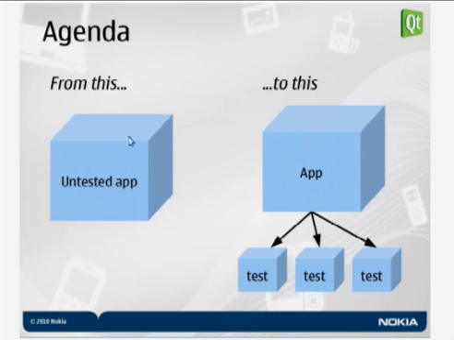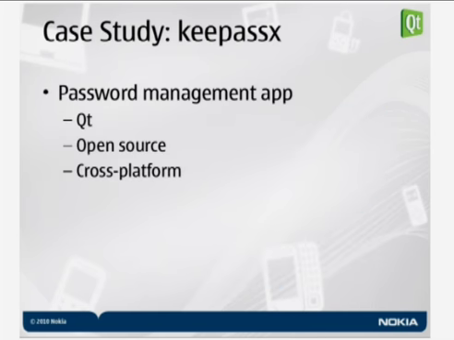Right, so that's where we are now, and I want to get to this point where we have our application and a series of automated tests for it. Now, I thought that a good way to demonstrate this would be by taking an existing Qt application and adding some auto tests to it.